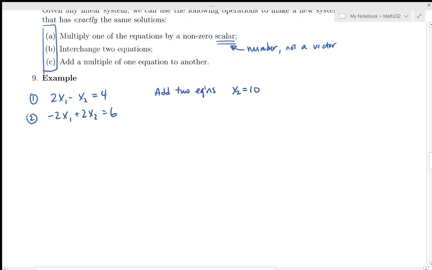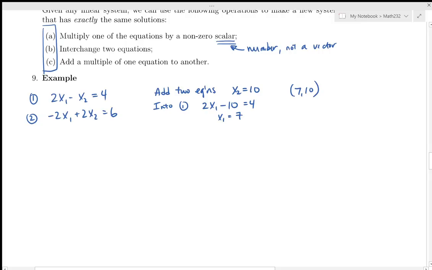And then I'm going to substitute that into the first equation, into 1. That's going to be 2 times x1 minus x2, which I now know is 10, and that's going to be 4. So I end up with the fact that x1 is 7. So I have a solution: it's 7, 10 for x1, x2. That's my solution set. I know this.